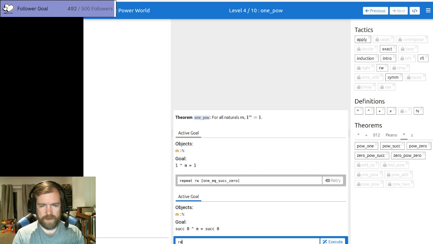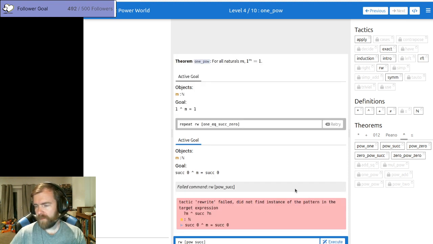Repeat, rewrite power successor? No. Might need induction to do it, on m.